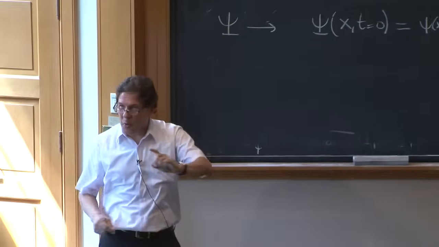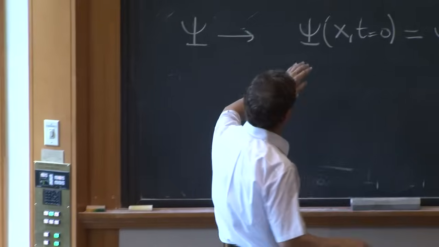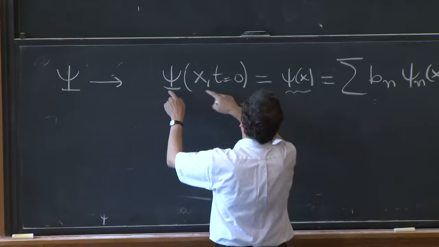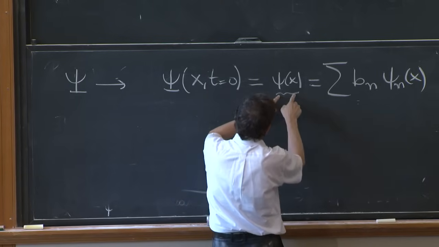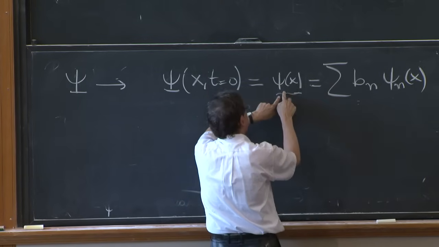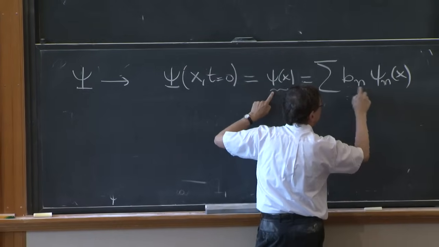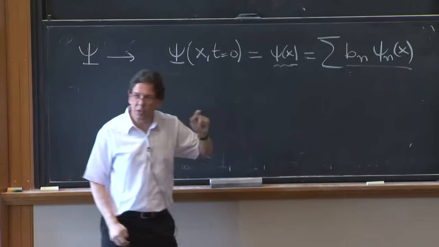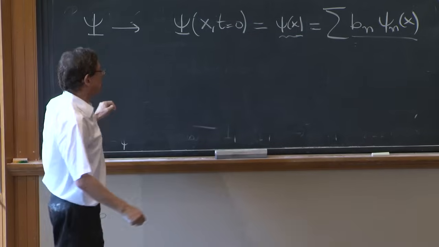Well, if you can calculate these coefficients, that is, you have the wave function at time equals 0 known, and it's given by this thing written in this form, then you've solved the problem of time evolution.